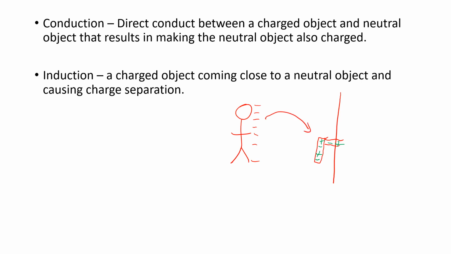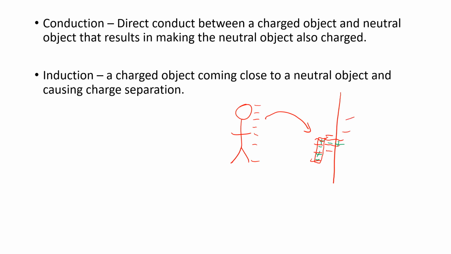Often you'll see a little mini bolt of lightning that jumps from your fingers to the door handle, or to another person if you're touching them. That is conduction. These negatives jump over here, and the result is it makes this a negatively charged object. That is what is called conduction.